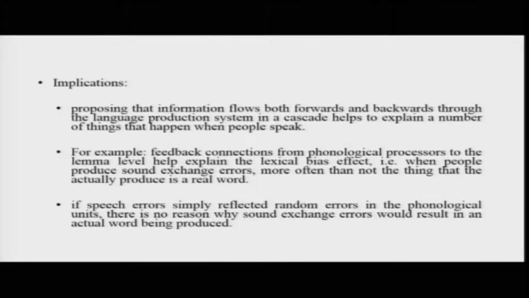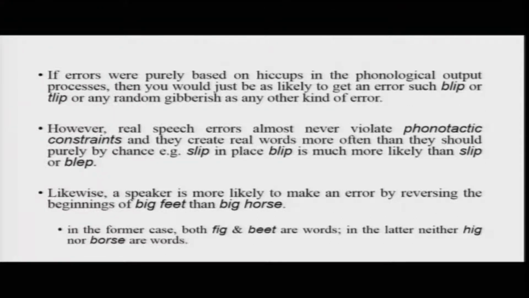So, speech errors really reflected random errors in the phonological units. There is no reason why there would be a large number of sound exchange errors that would result in an actual word being produced, fig beat. That's the assumption: if these errors were purely based on hiccups in the phonological input, then you could create any kind of errors.